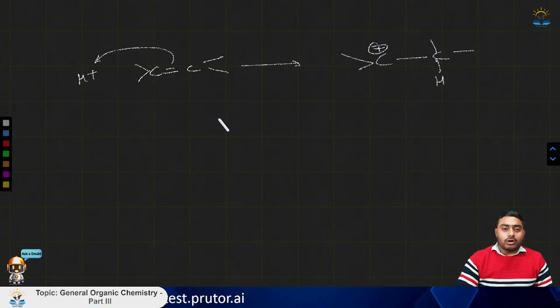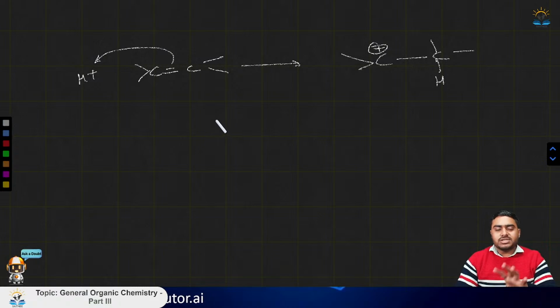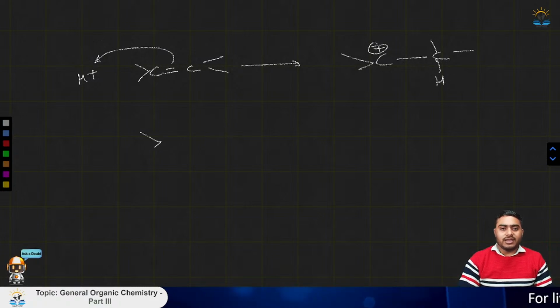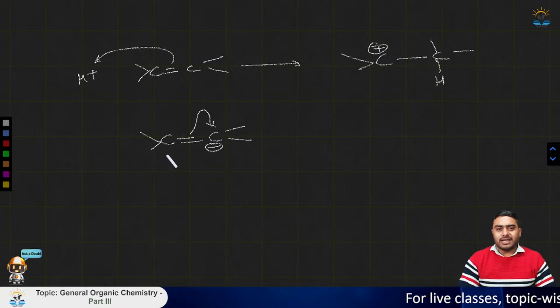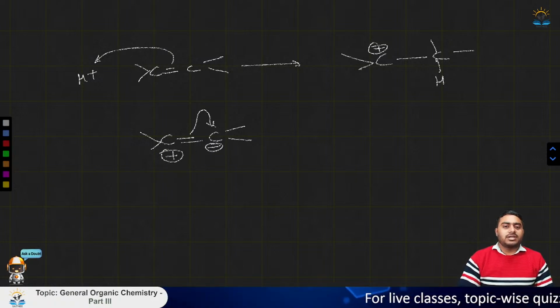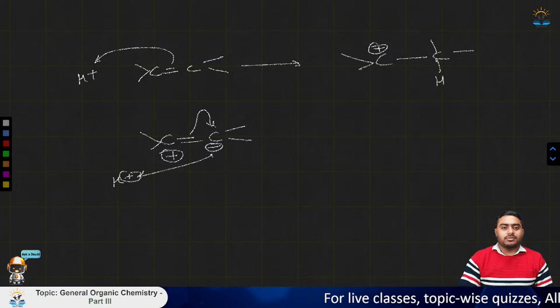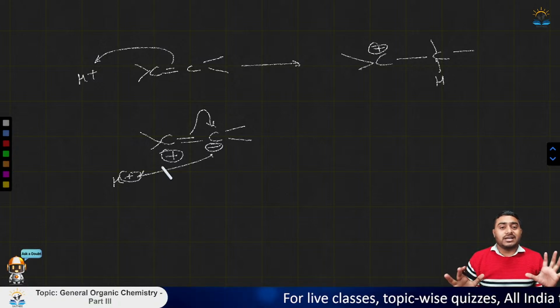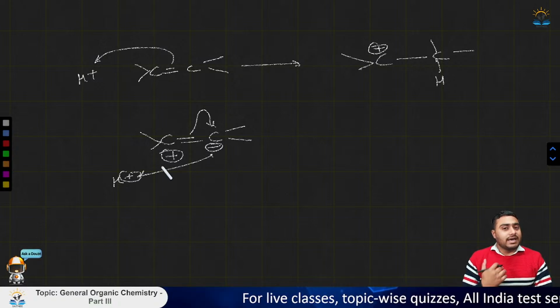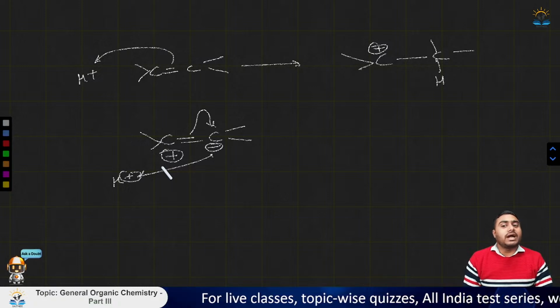To understand this process, we can imagine C double bond C as a cleavage, the negative charge comes here, the bond breaks like this, and positive comes here, then H positive attaches. This is only for understanding, not the exact mechanism.